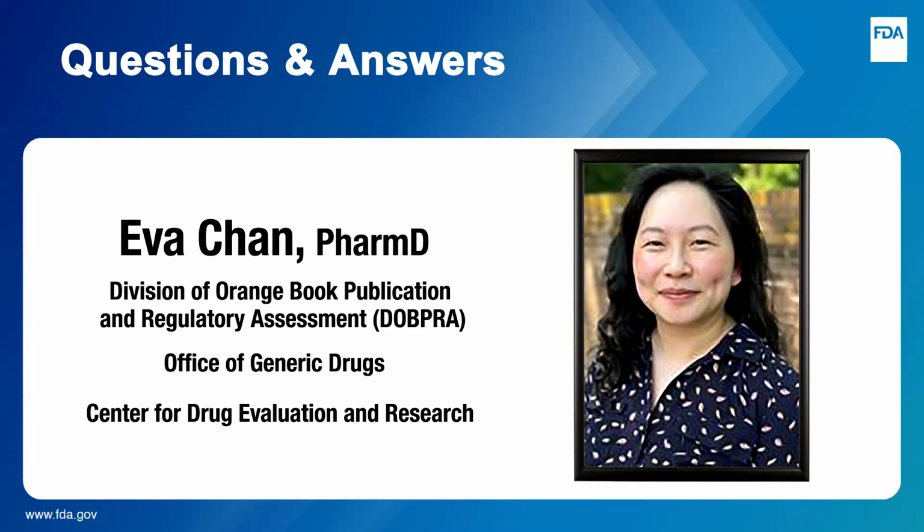As for the different TE codes, as you cited, AB1, AB2, and BX, what are the reasons for the different coding when it is the same active ingredient, same route, and same dose? So the three-character codes are to separate the different RLD families. Any applicant holder can submit a drug, and another applicant holder can submit the same drug, but those may be different.